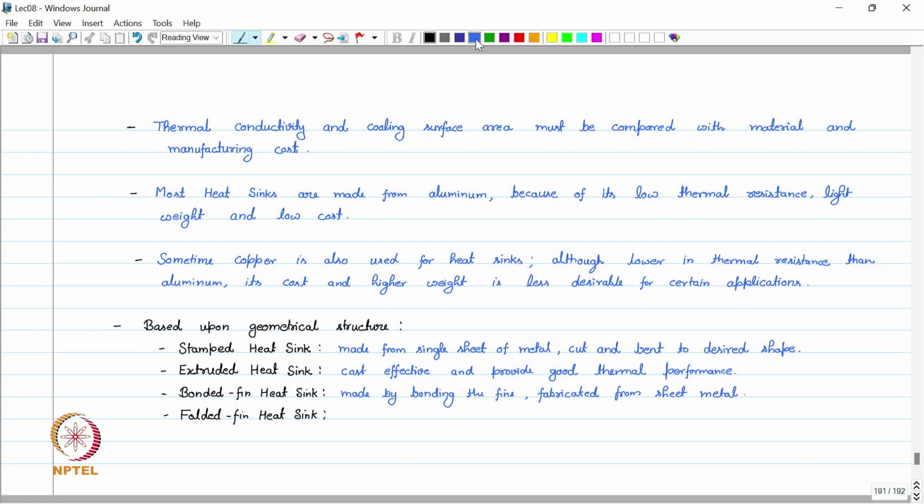In this type of heat sink, folding the fins over themselves provides a large surface.